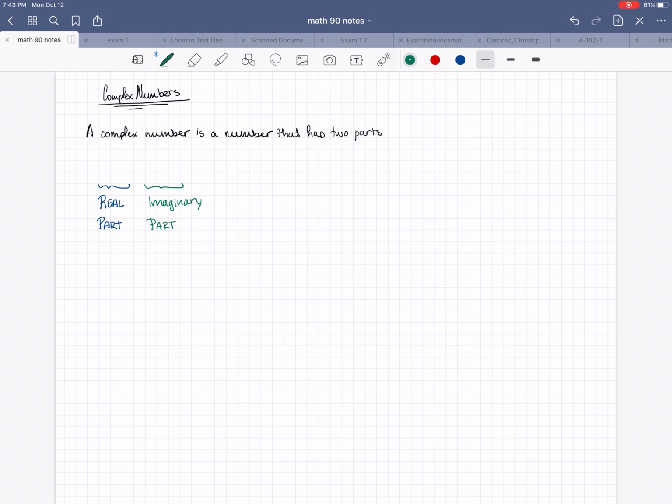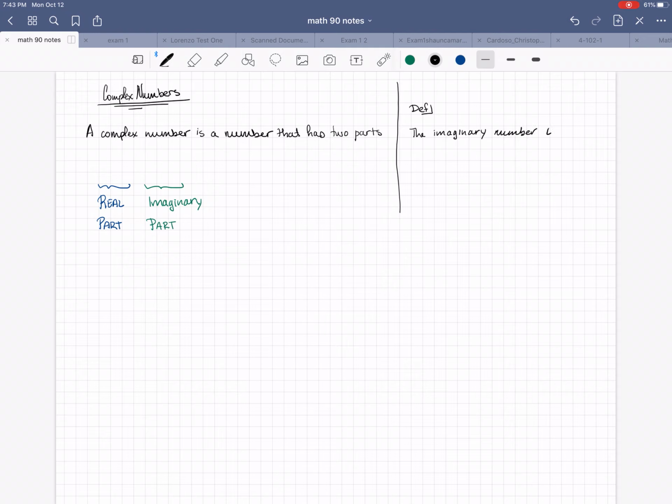So actually, before I go any further, I'm going to go ahead and define the imaginary number. So, definition. The imaginary number i, so i is the notation for the imaginary number.